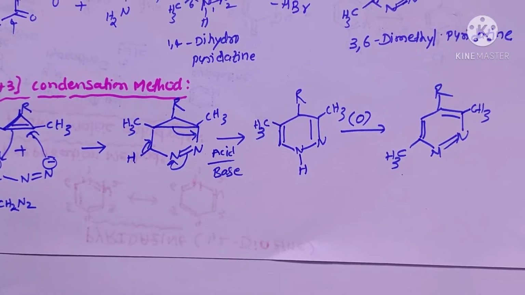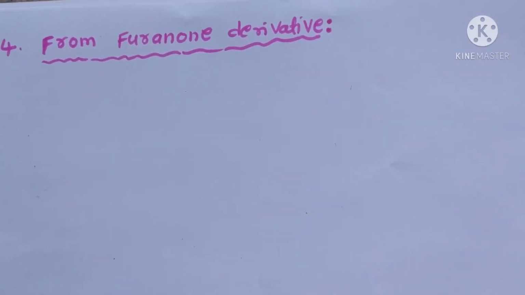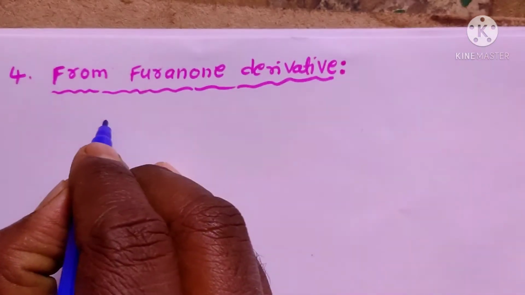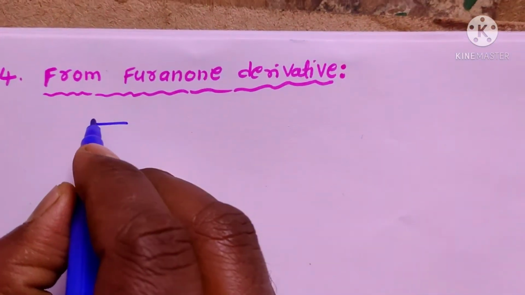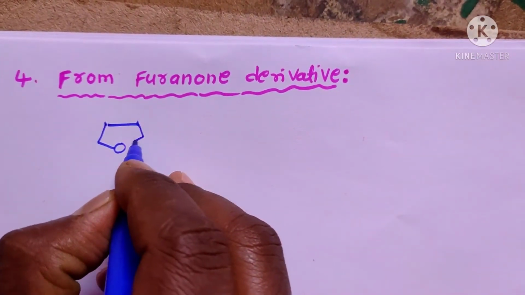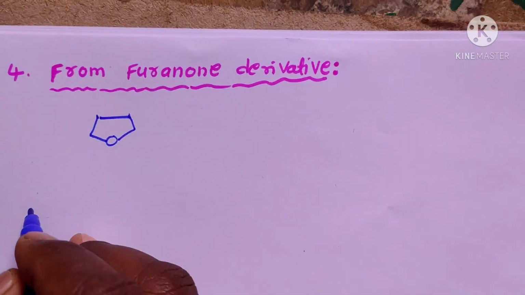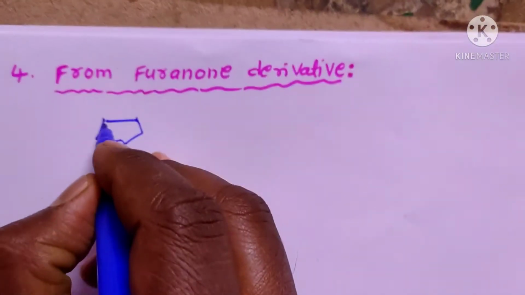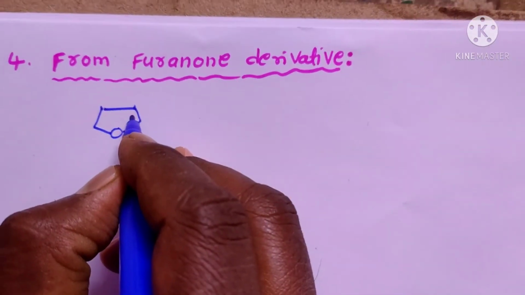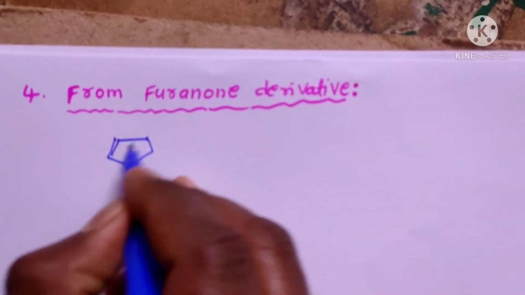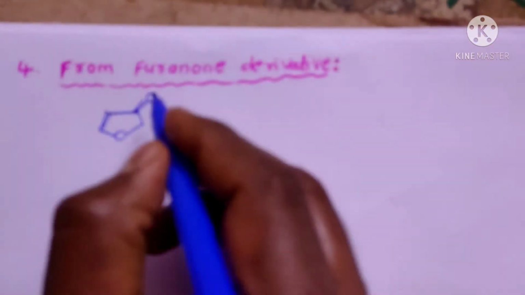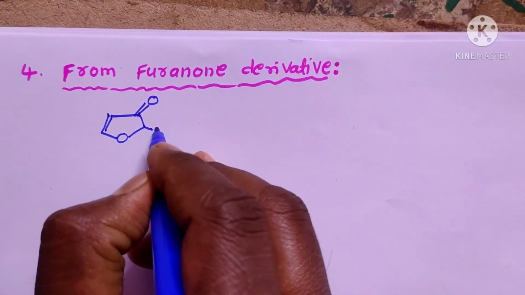Let us discuss the fourth preparation method, that is by using the furanone derivative. So here we use the 3-furanone. Look here, this is THF, tetrahydrofuran, and if we put one double bond here and another double bond here, that becomes the furan. But here we have to take the furanone, so this is a 3-furanone derivative.